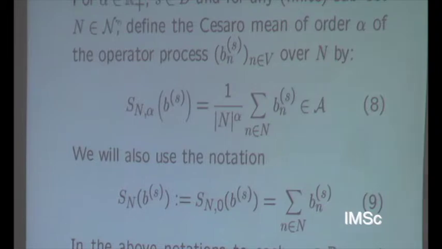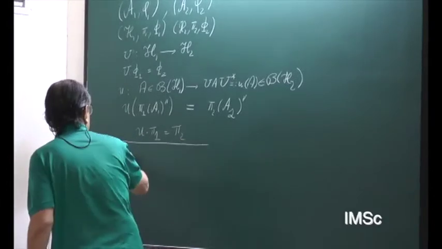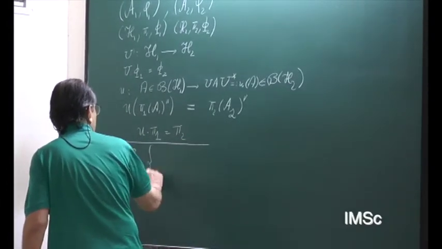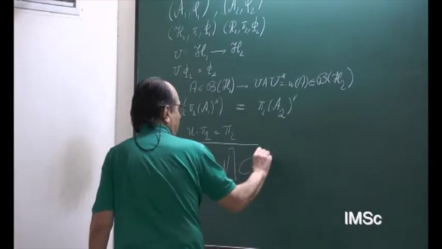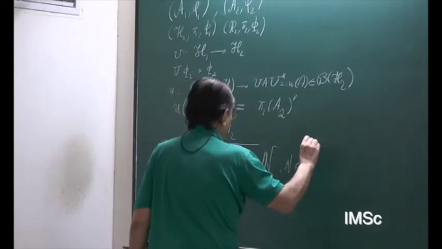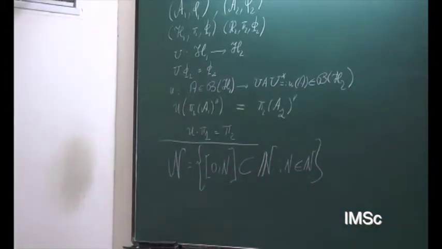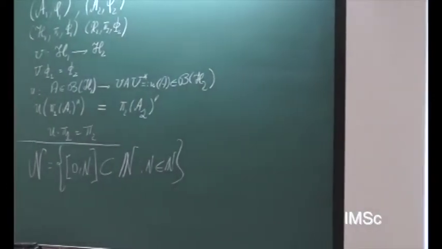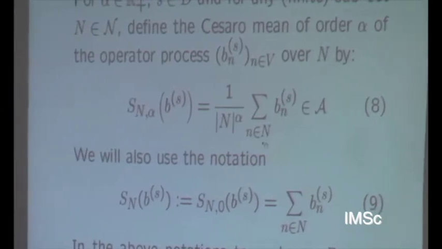The subset script n in classical probability will be the subset of intervals. Because in classical probability, you consider sums of random variables from 0 to n, and we replace this by a finite subset of the index set.